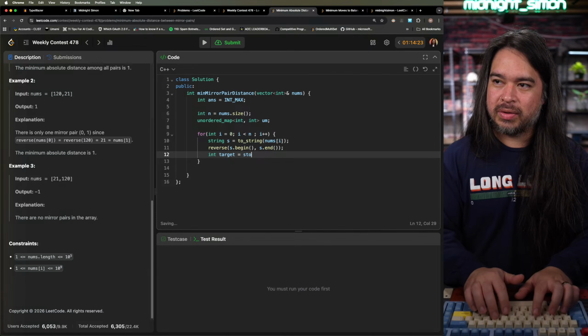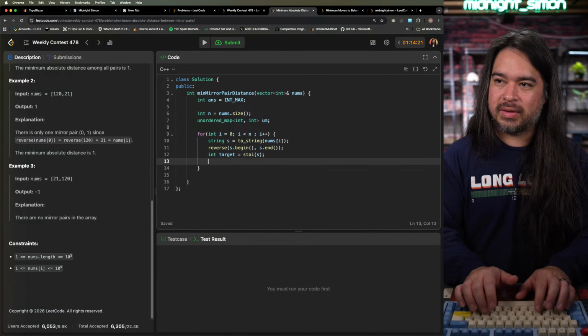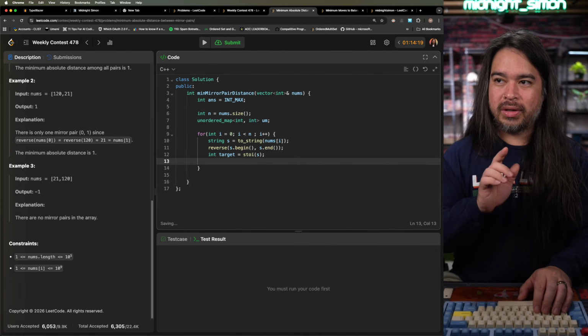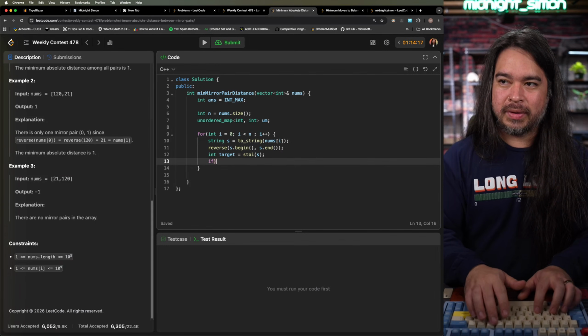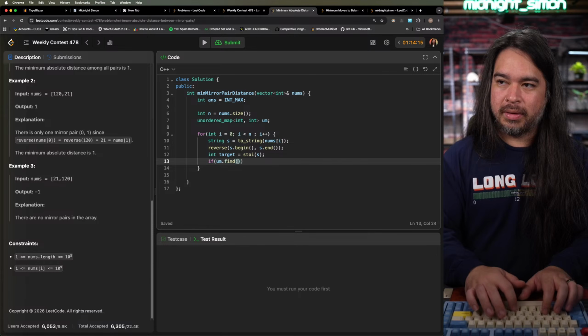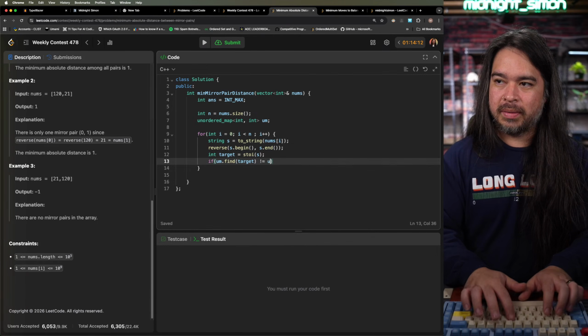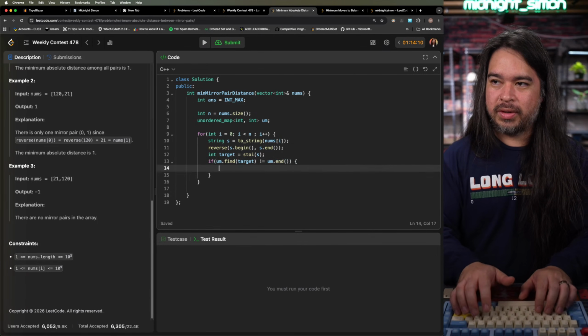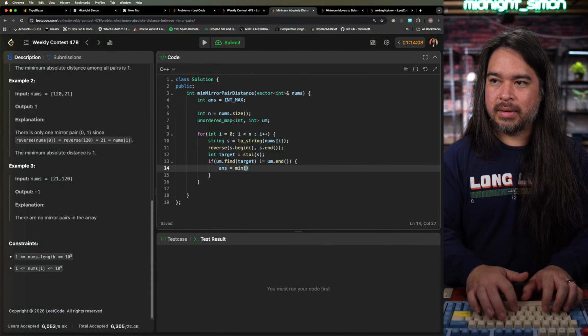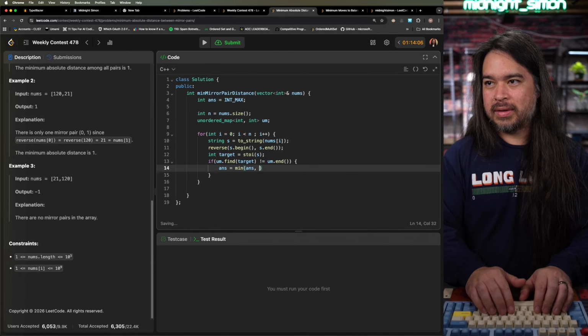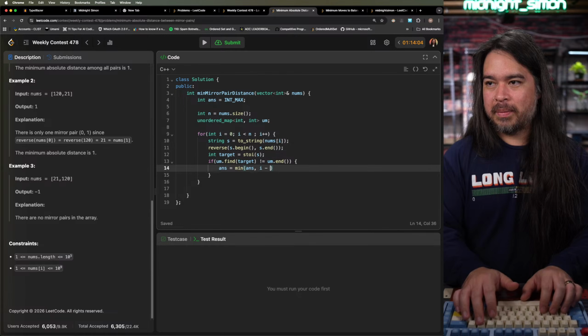So string to integer, and now I'm going to look up that target in our map. So if we find that target, then we should use it. So the distance is i minus target.